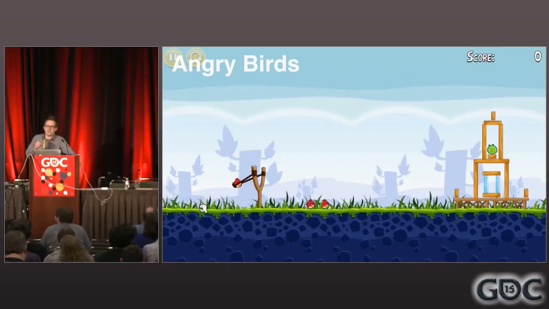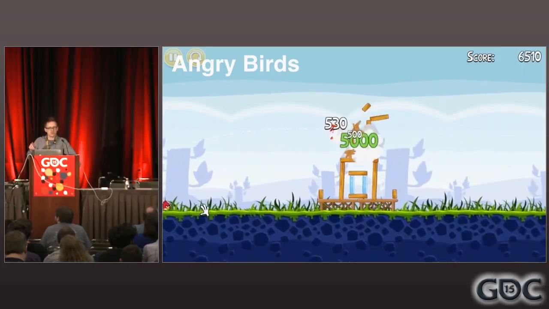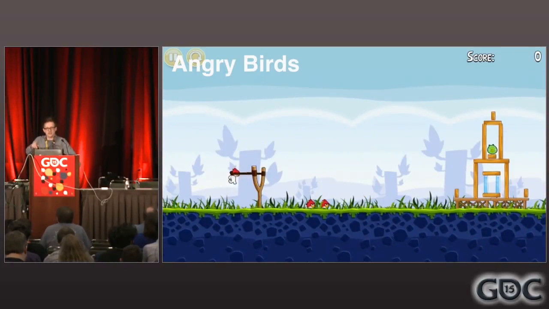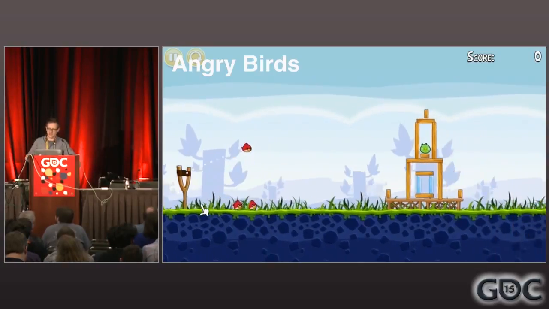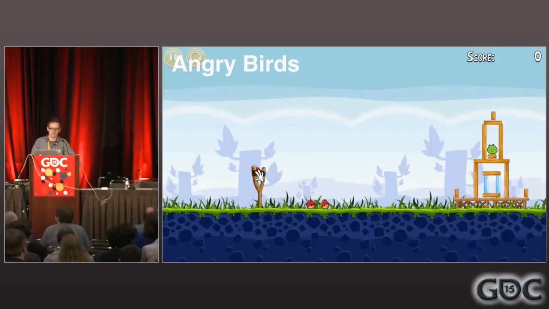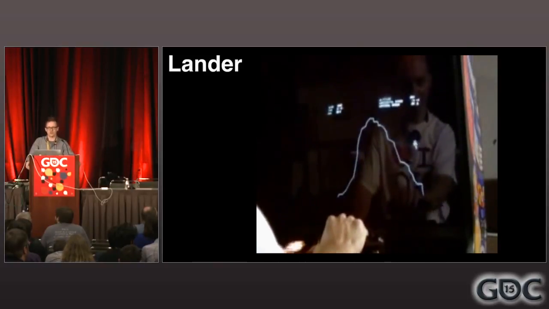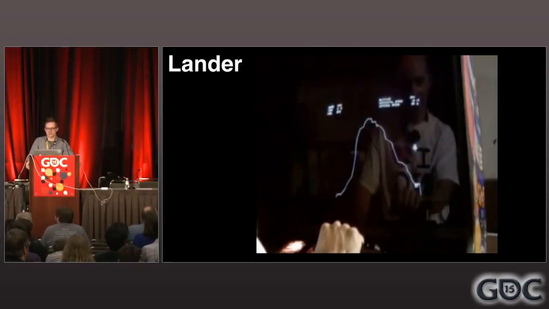In fact, if you made it so that the bird stuck absolutely to your finger's position, you'd get glitches if you put your finger over the ground, for example. The physics engine wouldn't know what to do, and you'd get flaws and glitches. Or in Lander, you're applying this gentle thrust to a moving object with this thrust control to gradually alter its velocity.